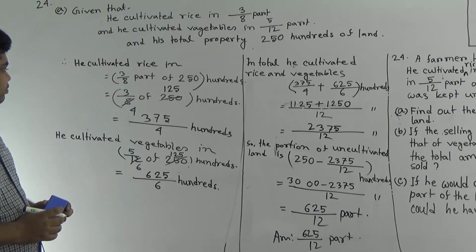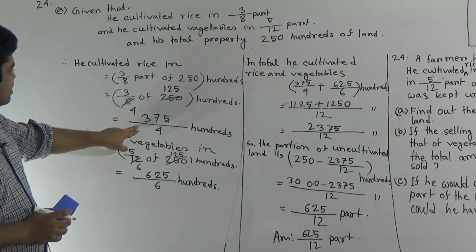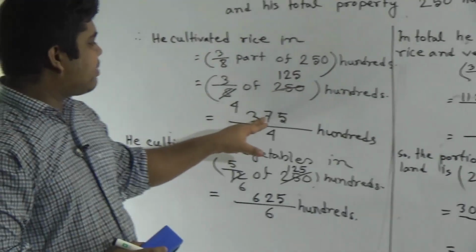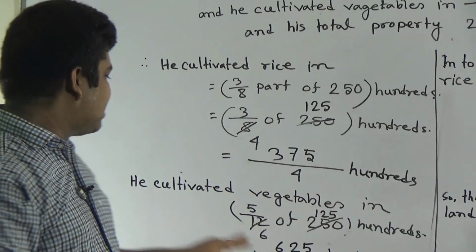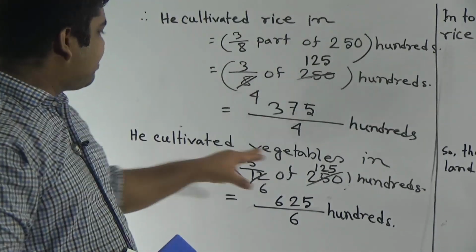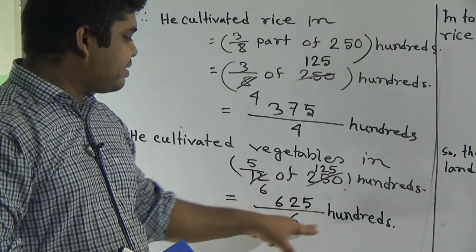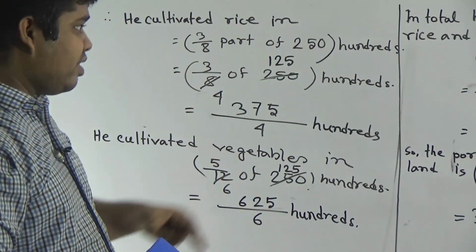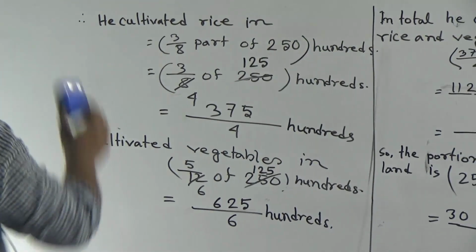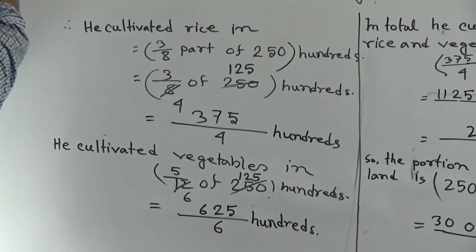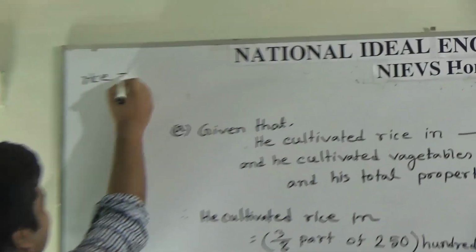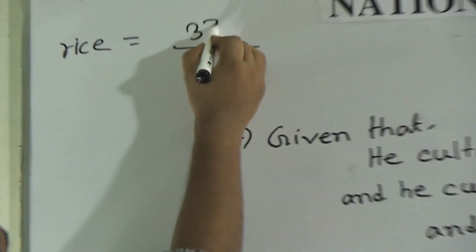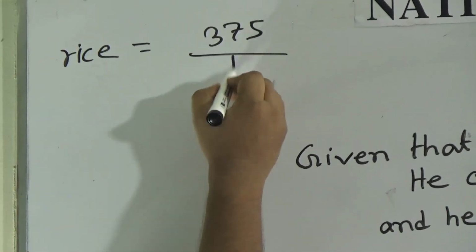My dear students, we need this. He cultivated rice in 375 by 400, he cultivated vegetables in 625 by 600. To solve question number B and C, we write this in portion. Rice 375 by 4.